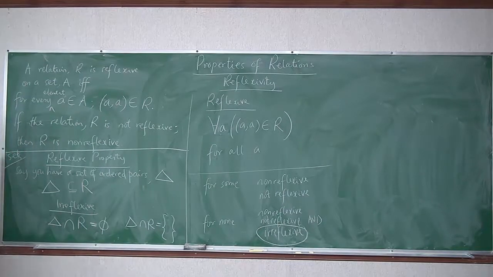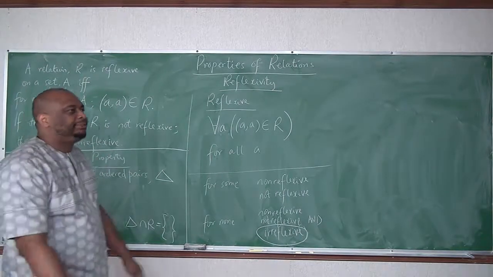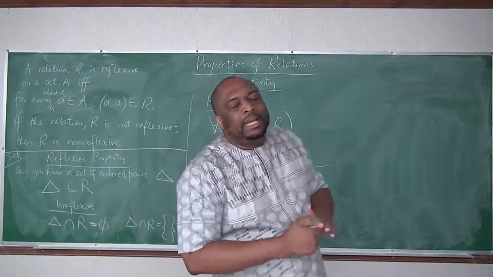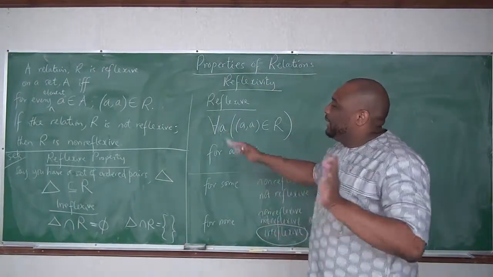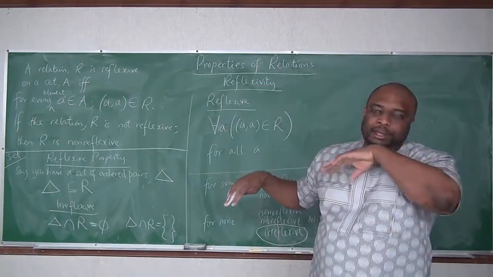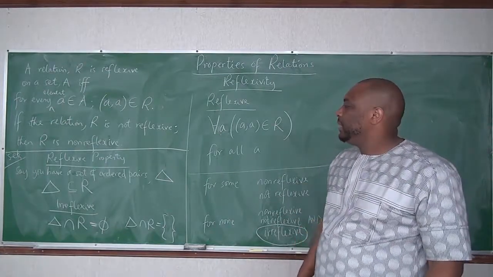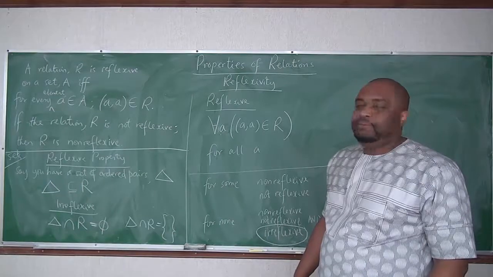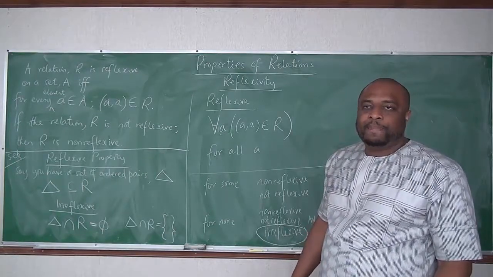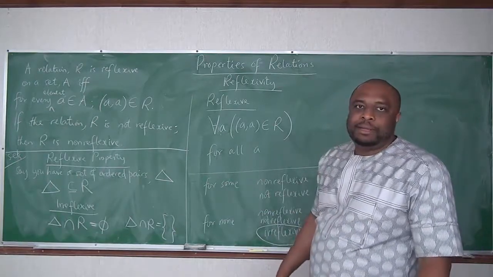This is based on the definition on sets. If you have a set of ordered pairs, say delta, and delta is a subset of the relation, then you could say it's reflexive.